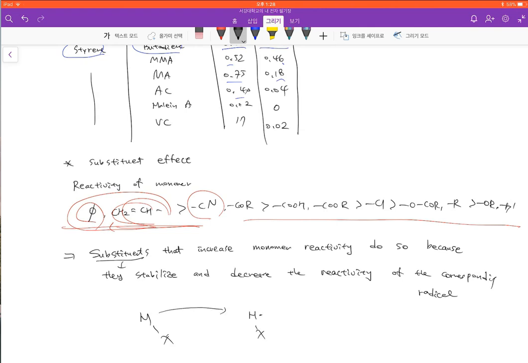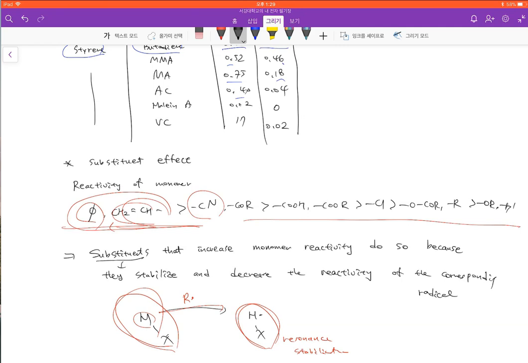So if a monomer is very reactive with certain substituents, they will be changed to a radical. Okay, if the monomer is very reactive, which means that the resulting radical, because the monomer will react with radical, right? The resulting radical should be stabilized by resonance stabilization.